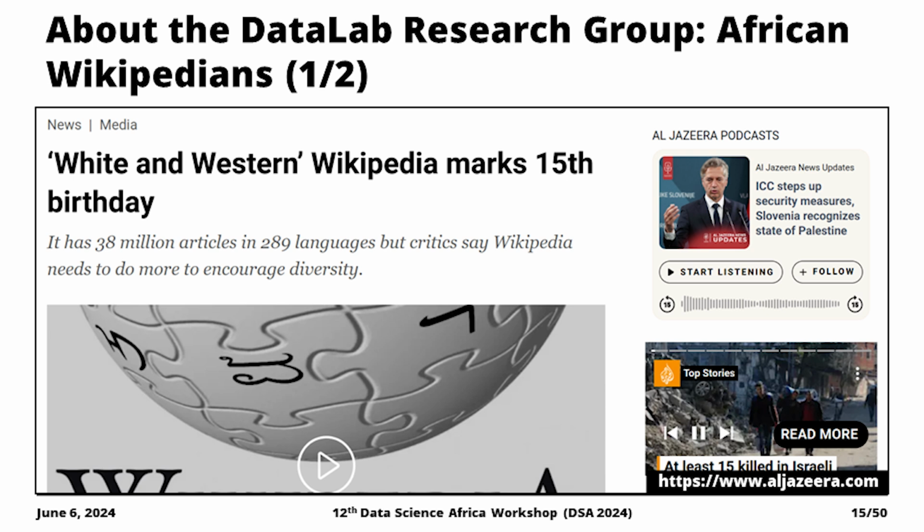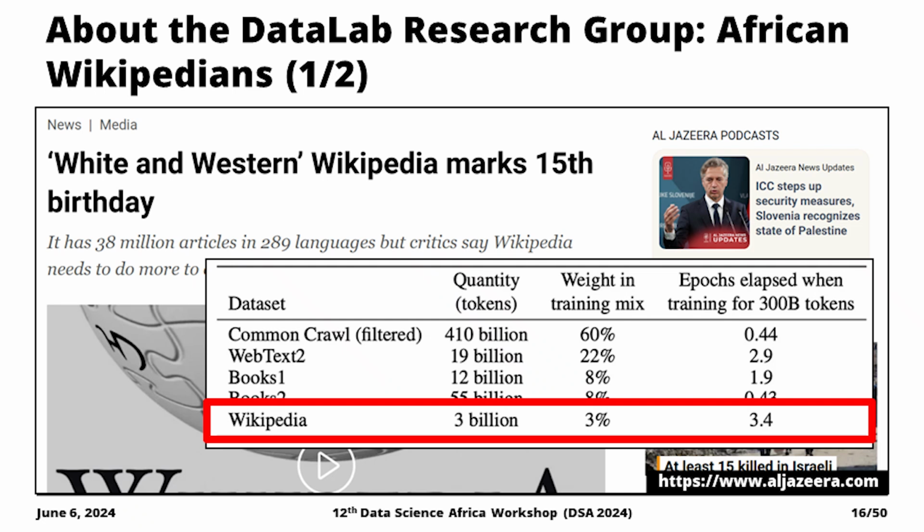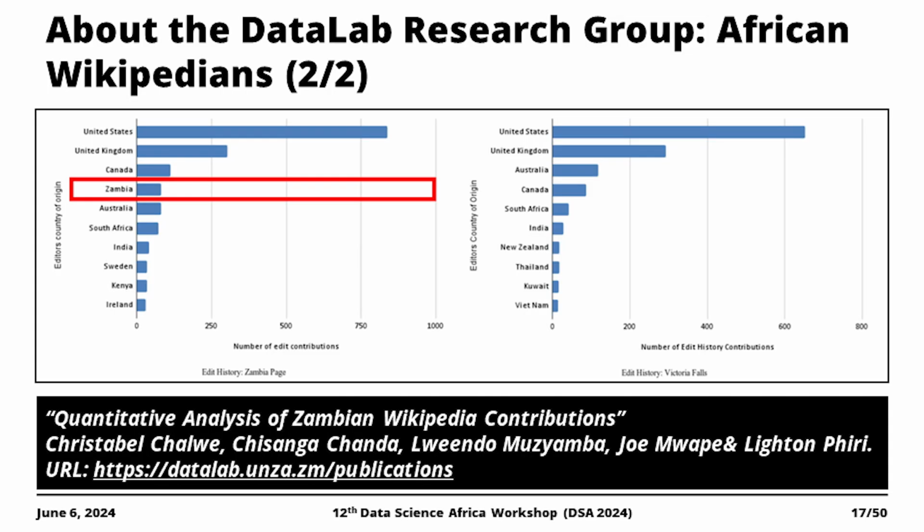Also, of late, we've started looking into this issue of Wikipedia. If you look at the content on Wikipedia, there's very little content on and about Africa. And in fact, the little content that is there is largely contributed by people that are not actually from Africa. We've done studies in Zambia, which have demonstrated this, by the way.